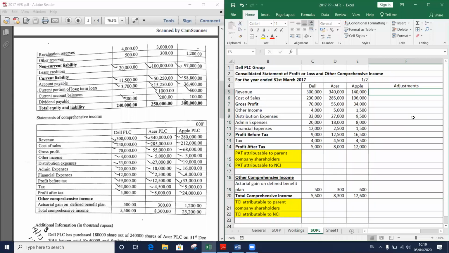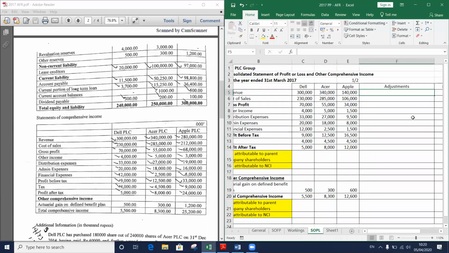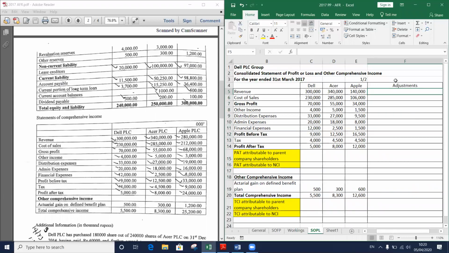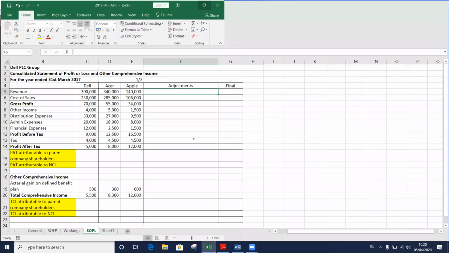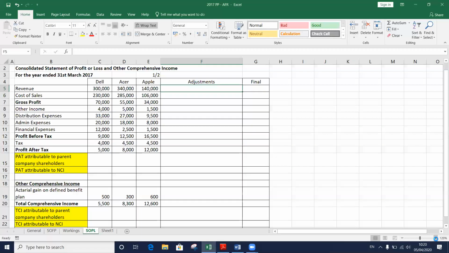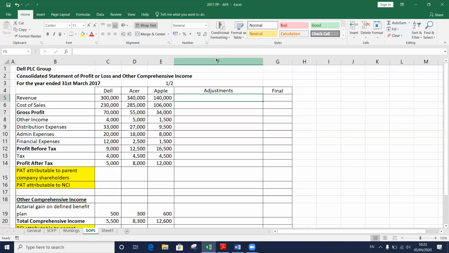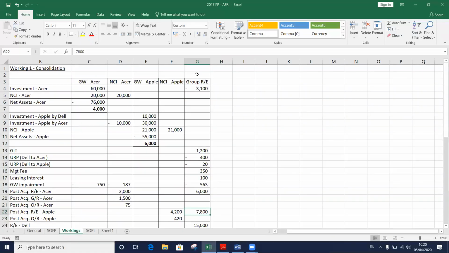Okay. Then we need to have the adjustments. We fill this adjustment column based on our workings. In the workings, we look at this column, group retained earnings.